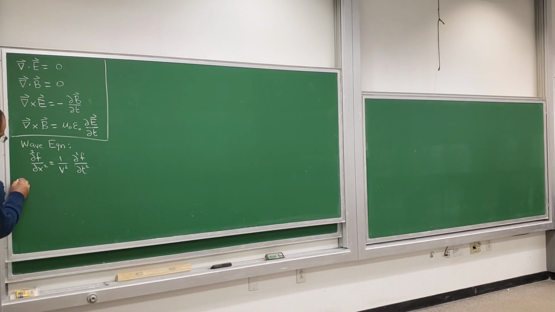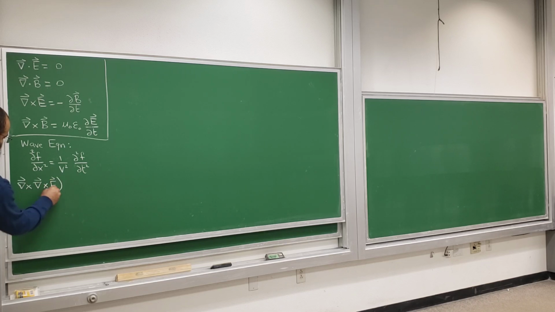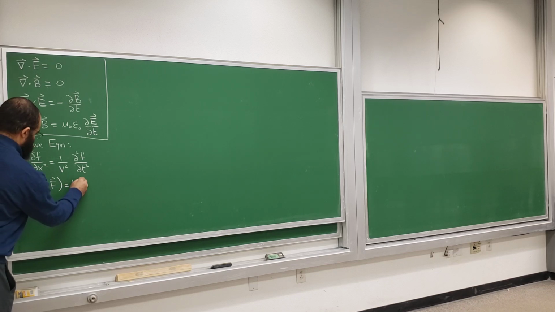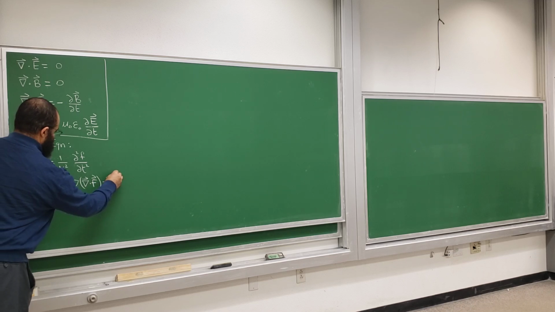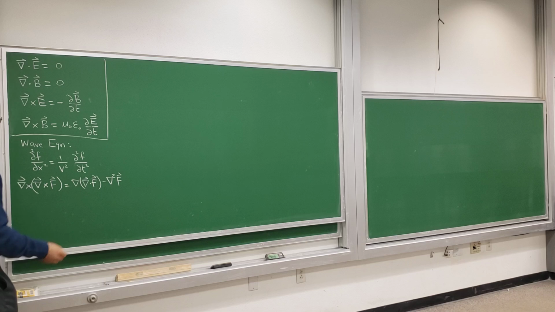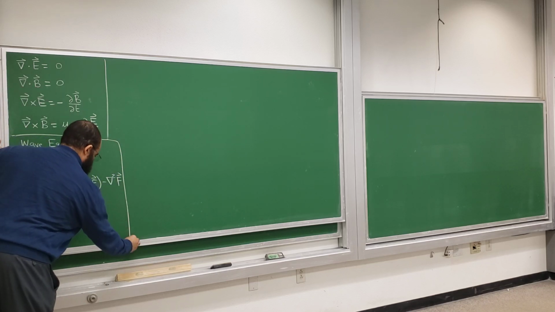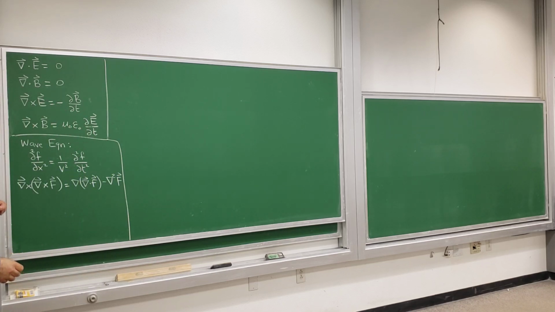If you have a vector field, then the curl of the curl of f is equal to the gradient of the divergence of f minus the del squared or Laplacian of f. So we used this equation, and we went from there.